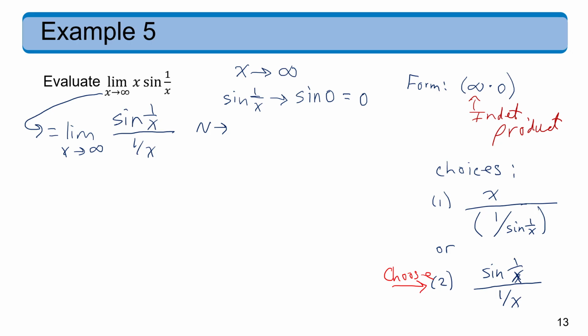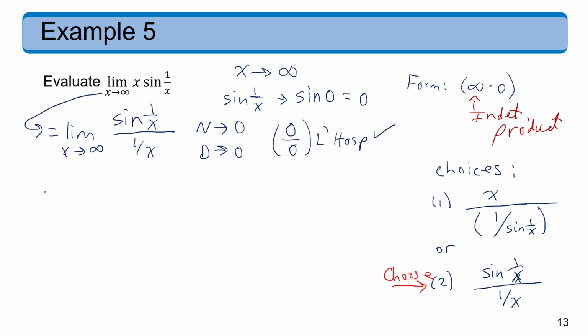Okay, so both numerator and denominator are going to 0. So the form here is 0 over 0, so we can use L'Hopital's rule. Right, you always want to check that it's the right form before you apply L'Hopital's rule. It has to be one of the two acceptable forms.